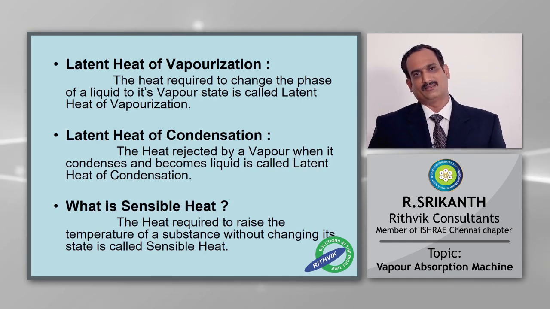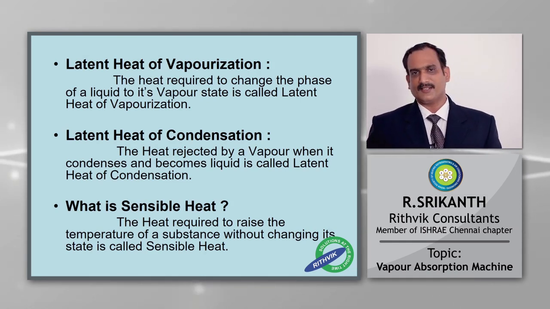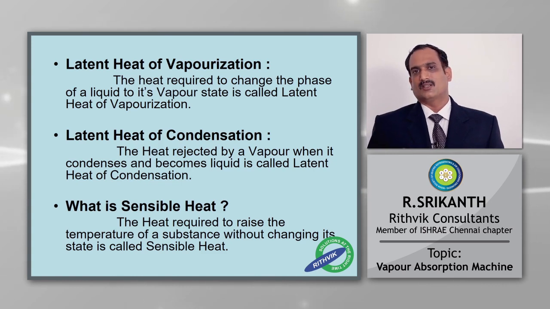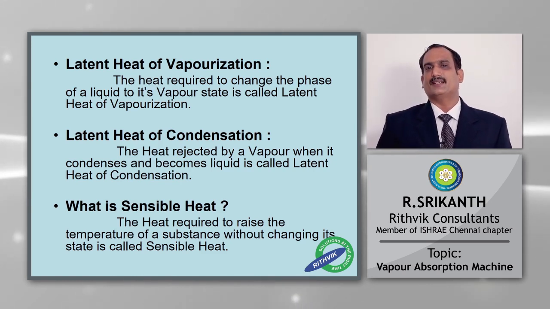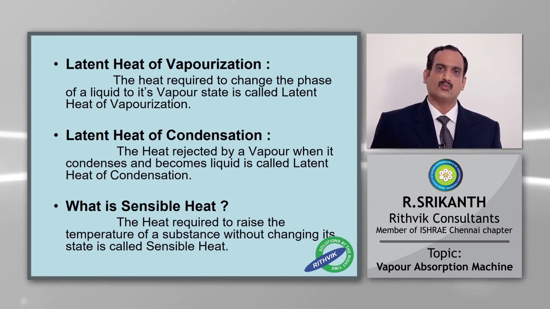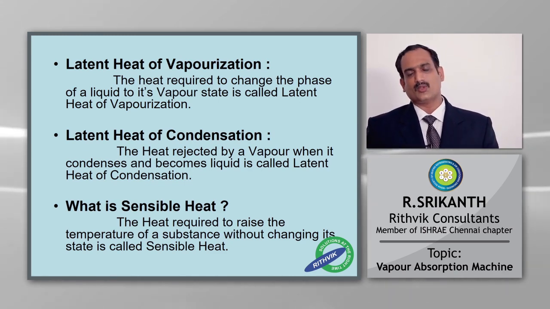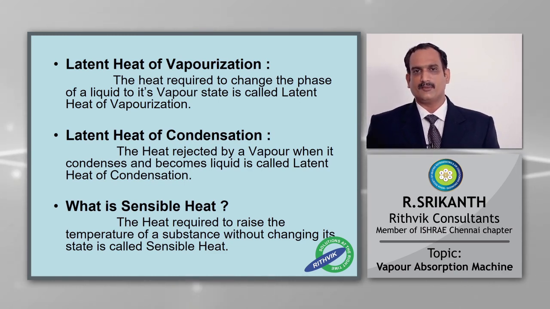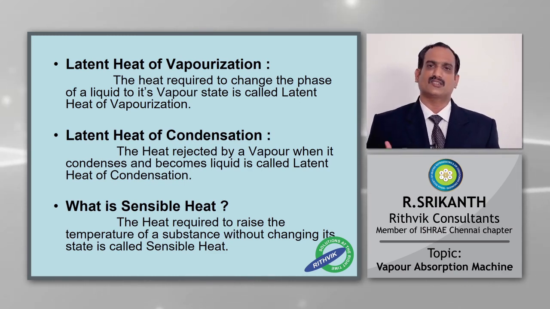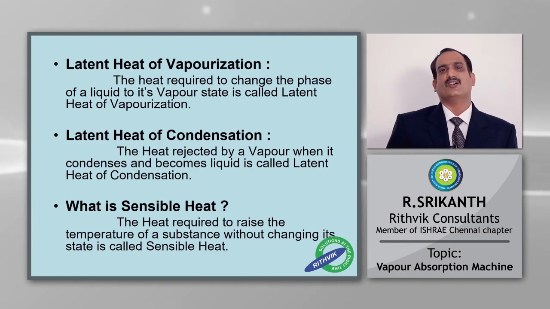This is called latent heat of vaporization. Likewise, when I remove the heat from the 100 degree vapor, it gets cooled and forms water. That's nothing but latent heat of condensation. So the difference between vaporization and condensation is nothing but a change of state or phase of a liquid.